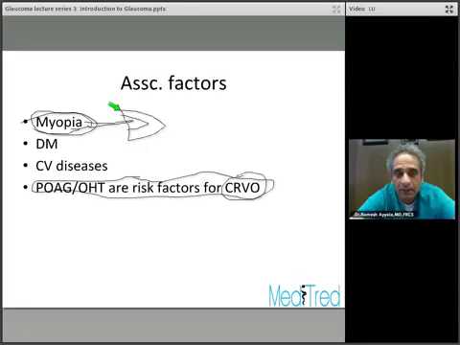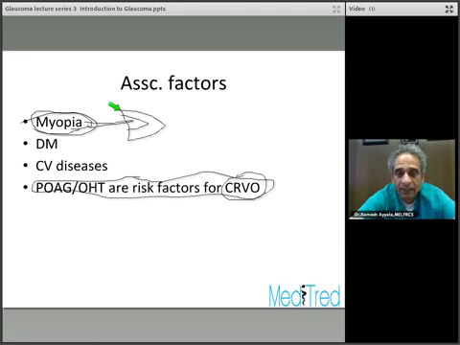So we will talk about this when we do the surgical lectures, but it's sufficient for me to mention here that hypotony maculopathy is a high risk in these patients. So generally try and avoid doing a trabeculectomy in the high myopes.